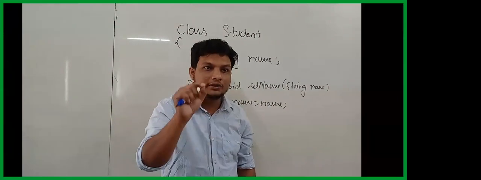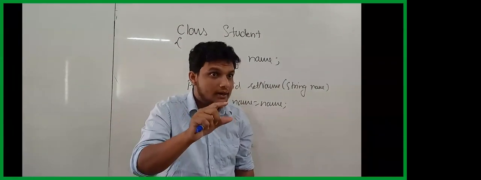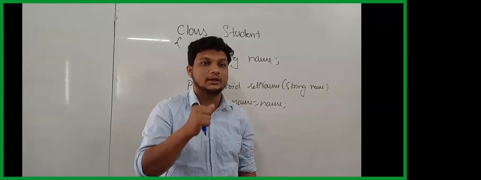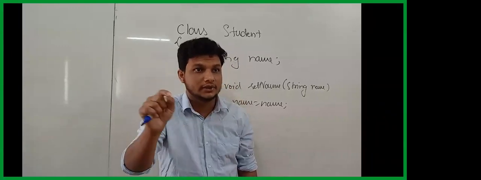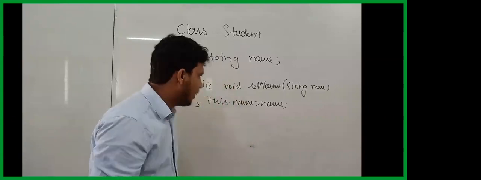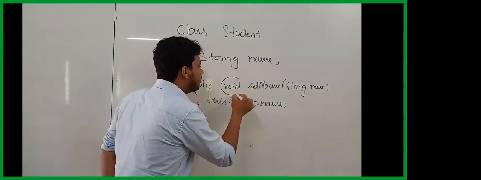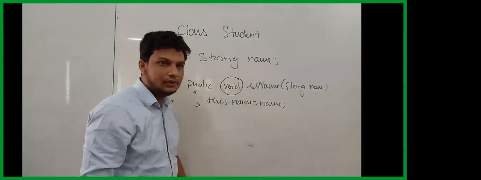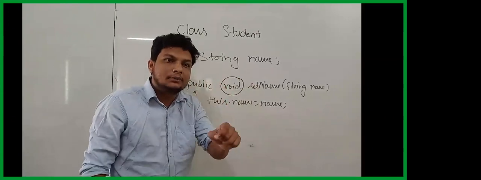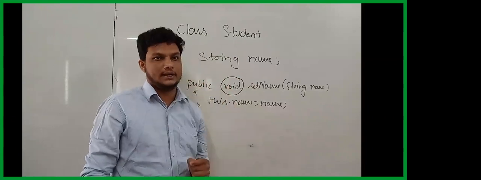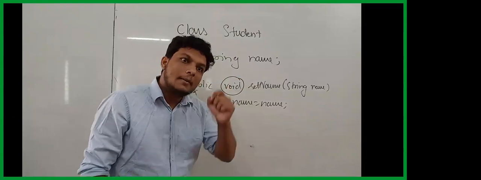Constructor is also a setter, but a special type of setter. That is what I have given, right? Why is it special? Because it doesn't have a return type. You know, whenever we write a method, the return type is mandatory.